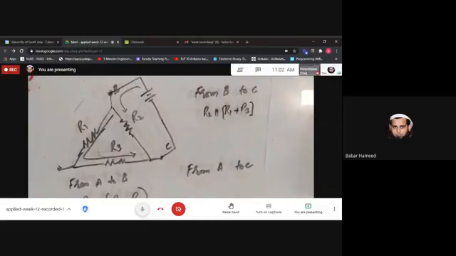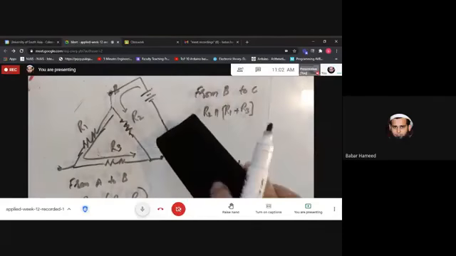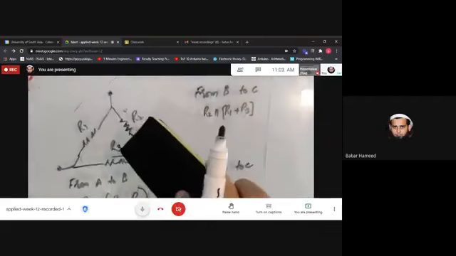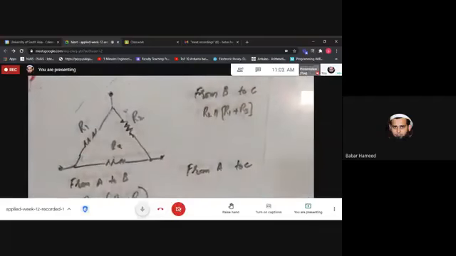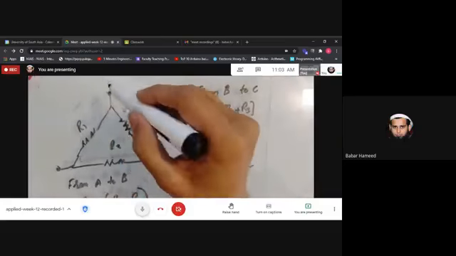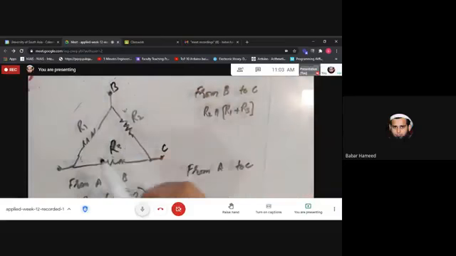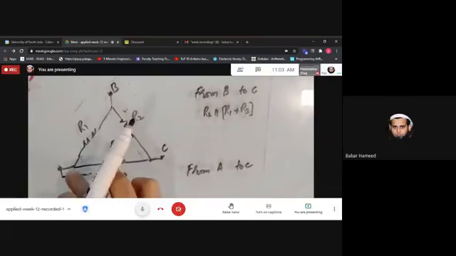And similarly, between point A and C, this is point B, this is point C, R3. I have connected the voltage source here.